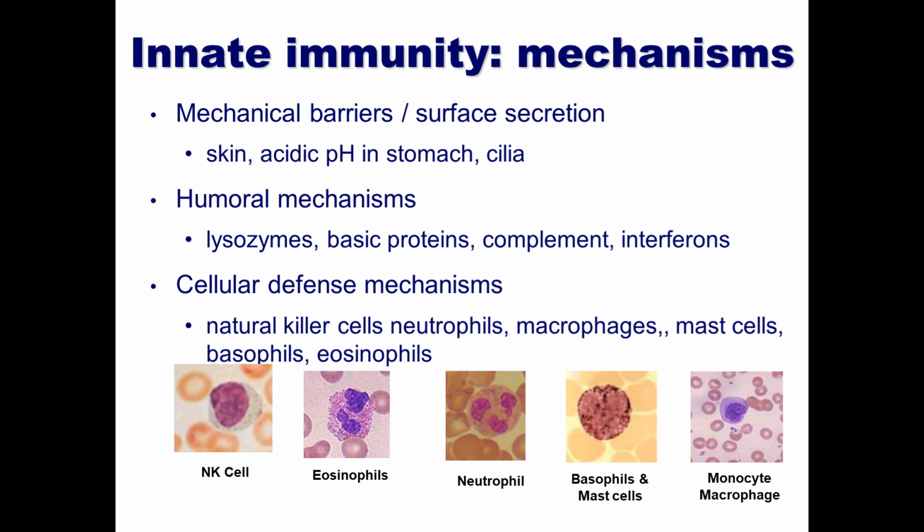The mechanism of innate immunity. The main mechanical barriers and surface secretions of innate immunity are the skin, acidic pH in the stomach, and cilia. These are the main mechanical barriers of innate immunity.